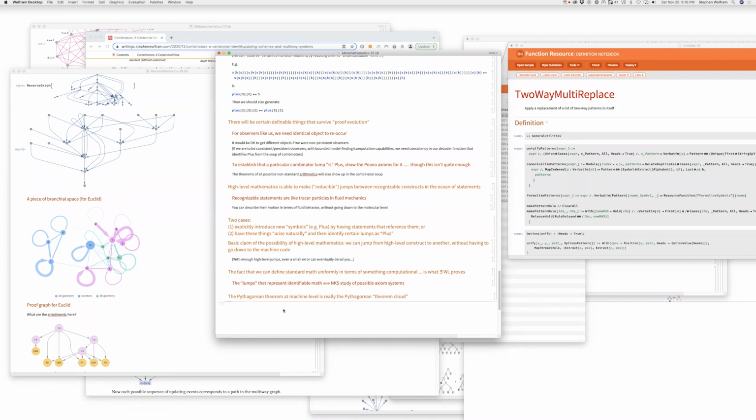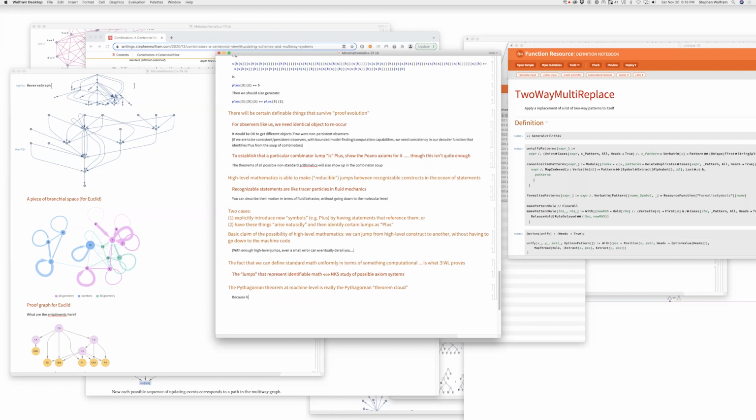Because humans don't care about those micro details. Don't care about, e.g., the precise axiomatic structure of the reals and defining the Pythagorean theorem.